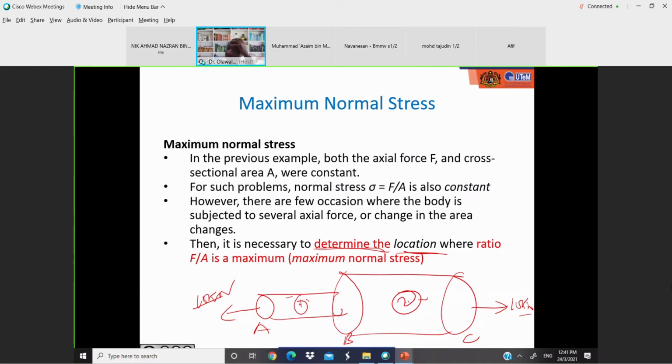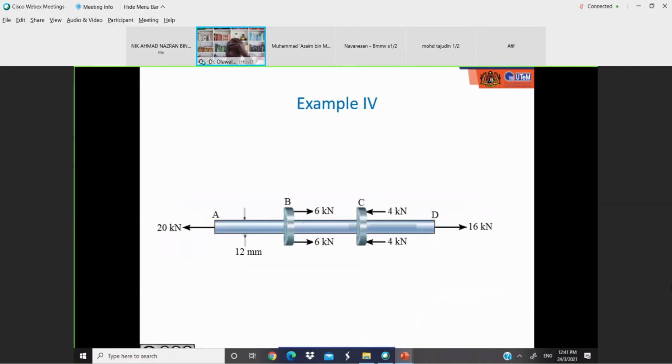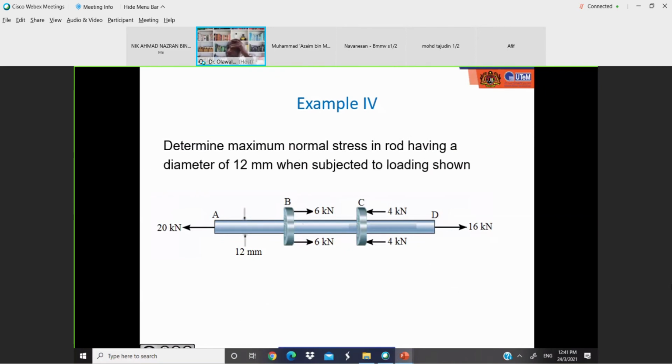So we want to see how to determine the maximum stress. We'll look at one example. This is an example here. You have to determine the maximum stress in a rod having a diameter of 12 mm when subjected to loading as shown below. Now, to do this, like I said at the beginning, you need to determine the force at AB, that is between here and here, FAB.